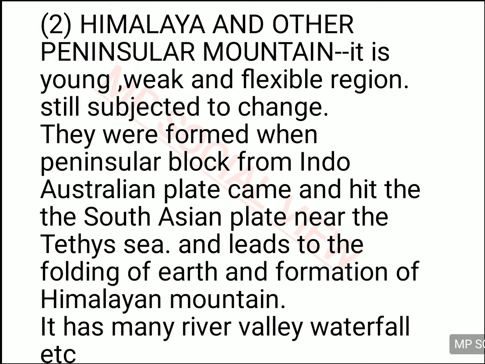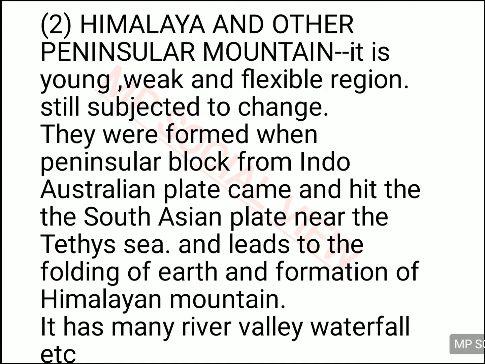Though it also formed millions of years back, in comparison to the age of the peninsula it is quite recent, and still the formation is going on in the Himalaya. Scientists notice that some parts of the Himalaya mountains are still developing. So this is the young one, and it is weak because changes can happen in these places. It is flexible, ready to change, and very weak.